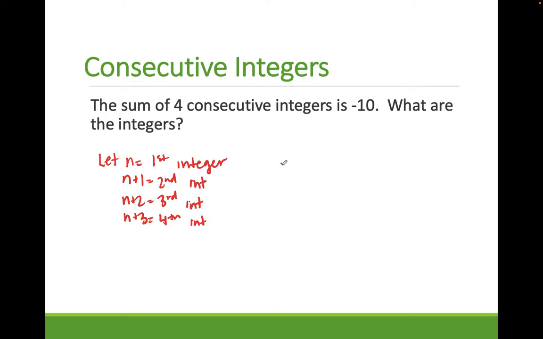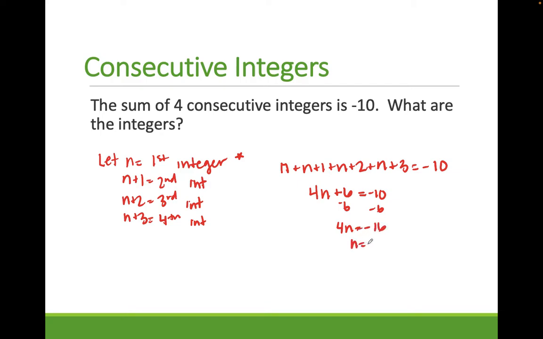When you write your equation, you combine all of these together to make n plus 1 plus n plus 2 plus n plus 3 equals -10. You may be able to do that just by writing your first let statement, and that's fine. Altogether, there is 4n plus 6 equals -10, and then you continue to solve the equation to get n equals -4.